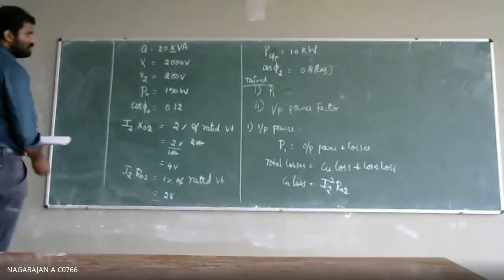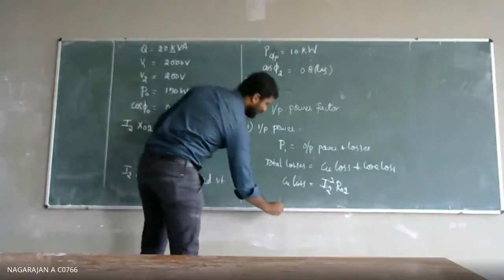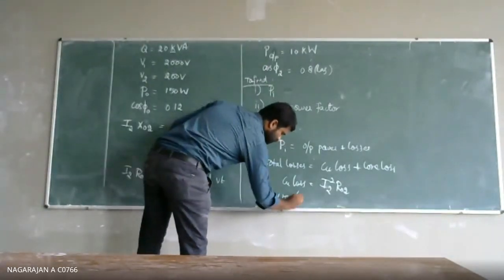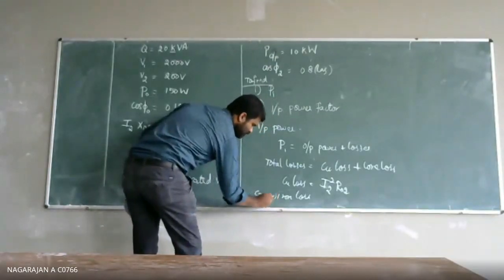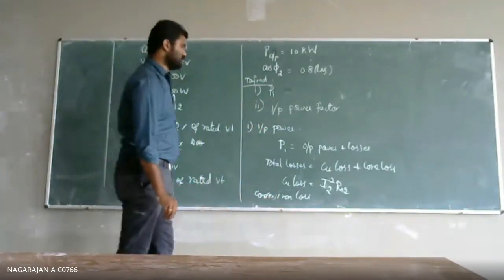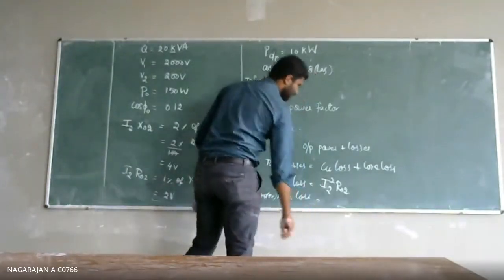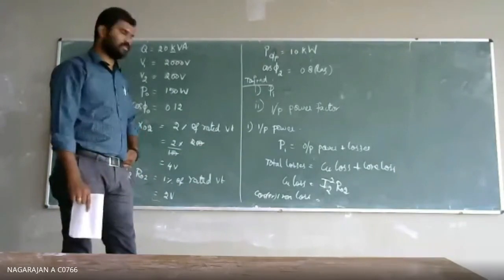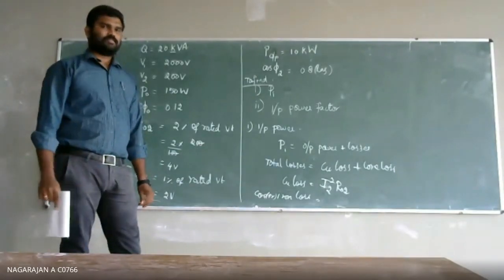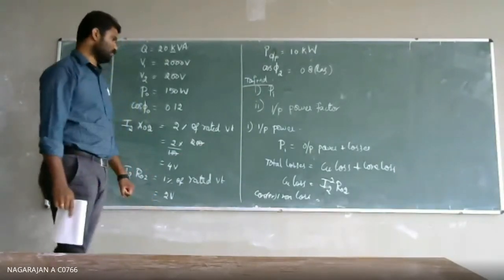And what is iron loss? How can you find out iron loss? Core or iron loss, how to find out iron loss? If you remember the no-load test, you can find out. You can tell the answer for this. Avinash, 202.